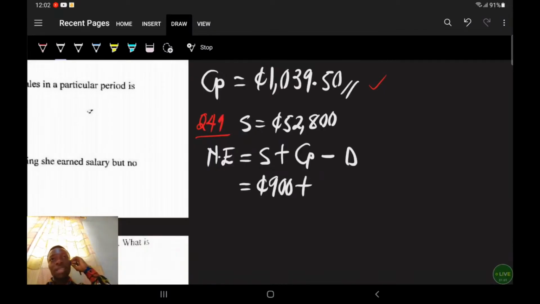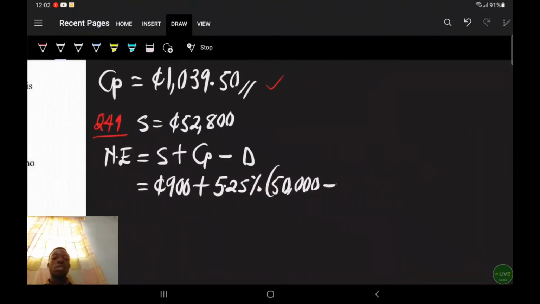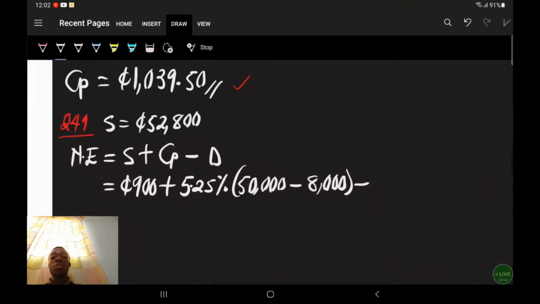We apply the 5.25%. So in this case, we can say that the personal commission is going to be 5.25%, right? Into brackets, 50,000 as the maximum quota, and taking away your minimum quota of 8,000. That is the condition they have given for a staff to earn a commission. So let's take note of that.